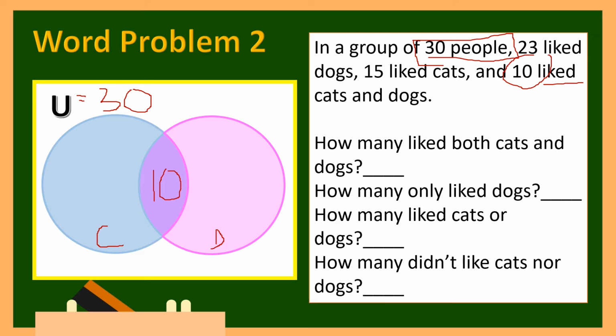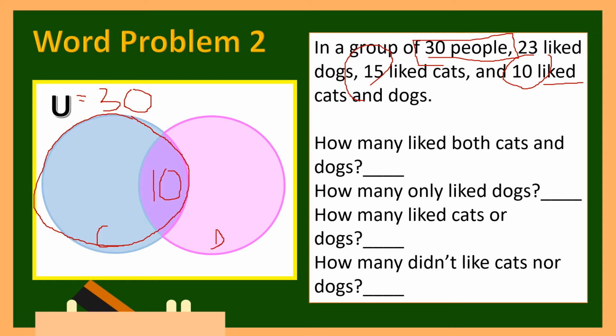Then, afterwards, sabi dito, 15 like cats. Ito yung ating set ng cat, itong circle na to. As you can notice, meron na tayong 10 sa loob ng circle cat. Kung ito yung ating set ng cat, kasama pa rin si 10 sa loob ng set cat natin. Based sa given problem natin, 15 daw ang gusto ng cat.